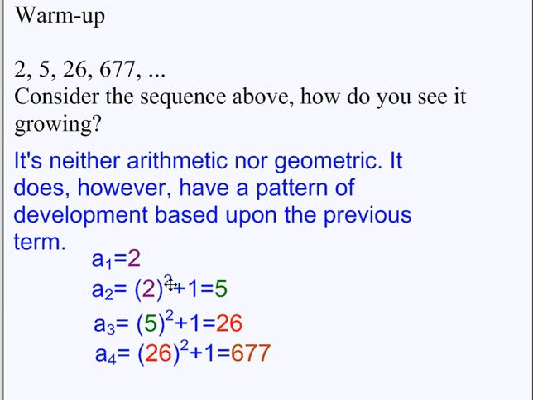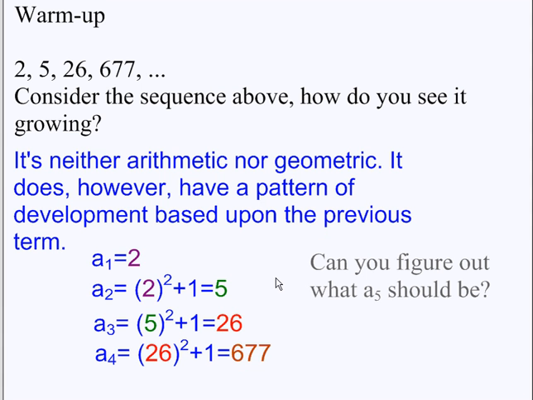So take 2, square it, add 1, you get 5. Take that 5, input it here, square it, add 1, you get 26. Take that 26, input it here, square it, add 1, you get 677. So based on this pattern, can you figure out what the fifth term, A5, should be? Go ahead and pause the video, think about it for a second.